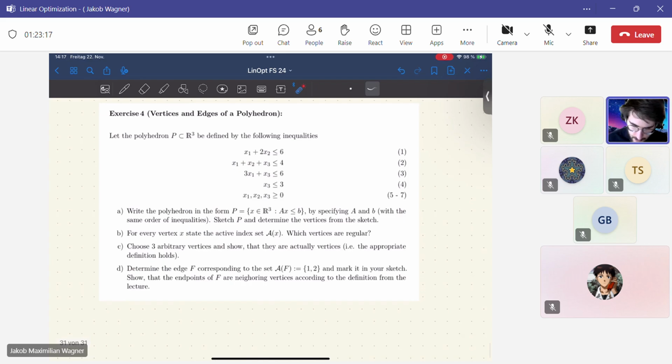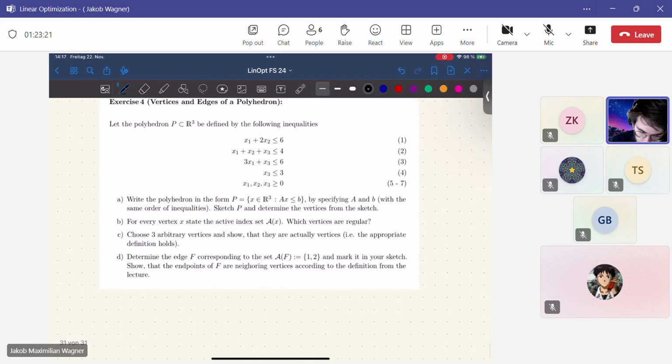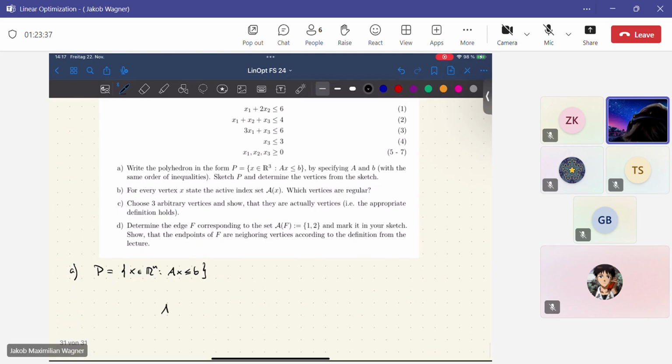So the first thing to do is to actually come up with the matrices and the vector that describe the set. And so we know that we can write this P as all x in Rn where Ax is less or equal than b. For the choice A, that we get by collecting the left-hand sides of the inequality constraints.